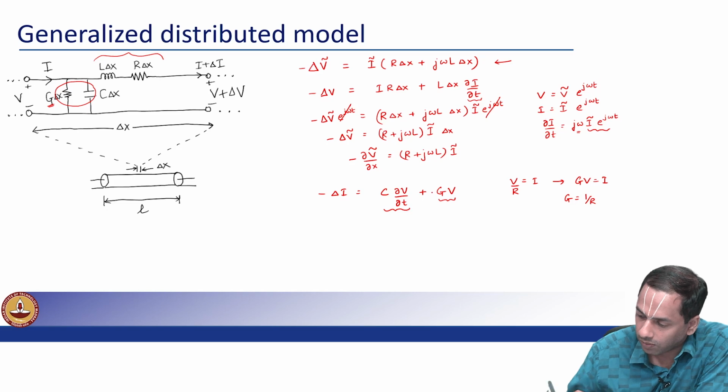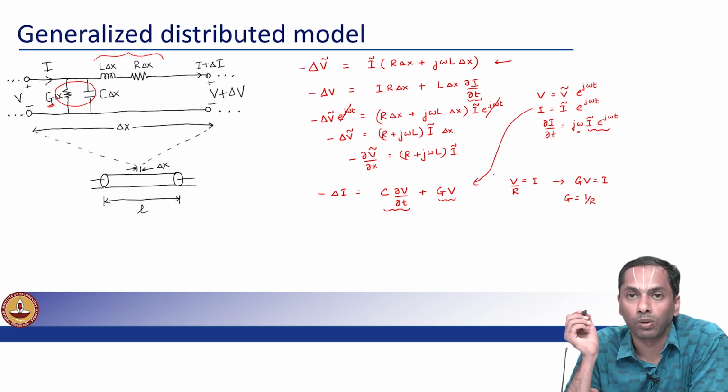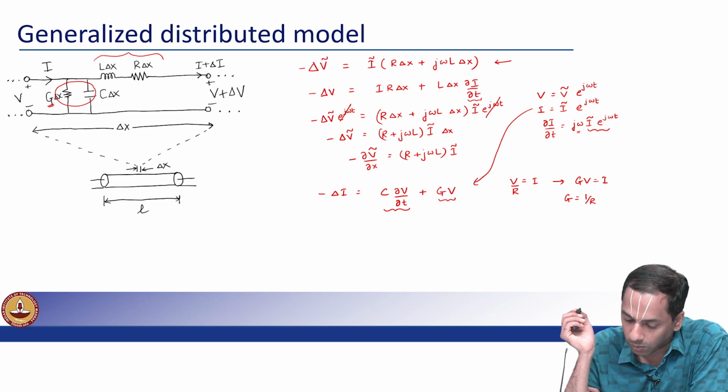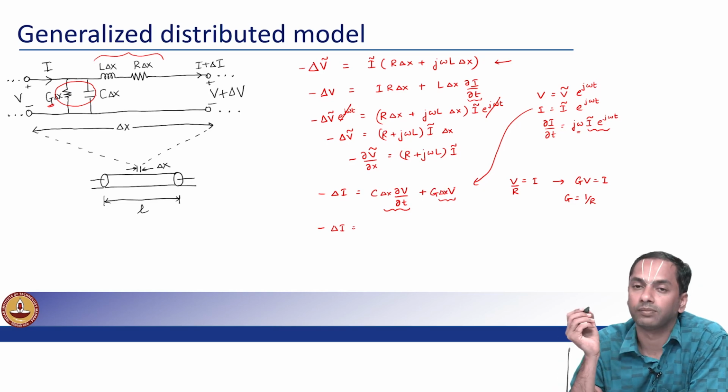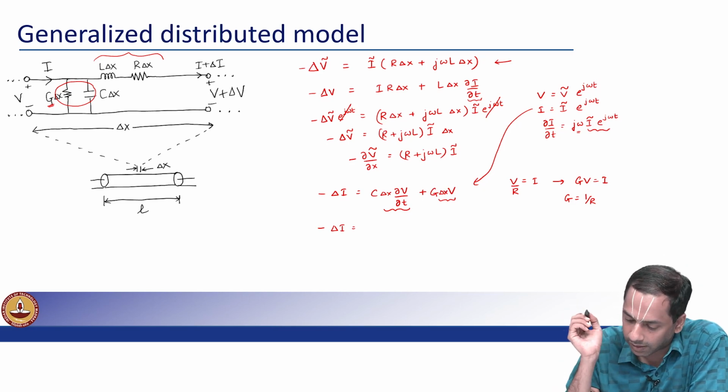So we can again go for taking the phasor notation for currents and voltages. C times, oh, I forgot the delta x, right? Okay, never forget the delta x.